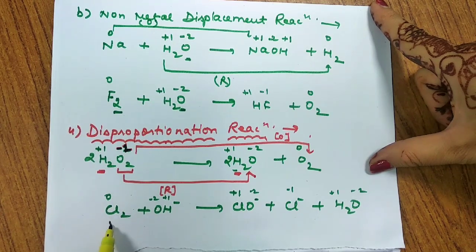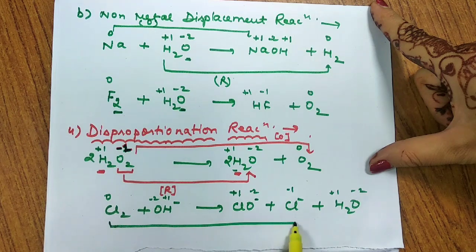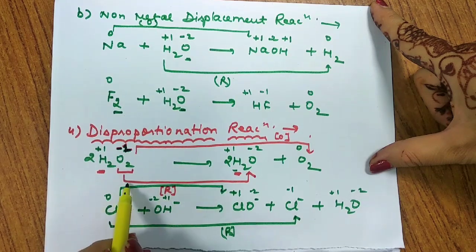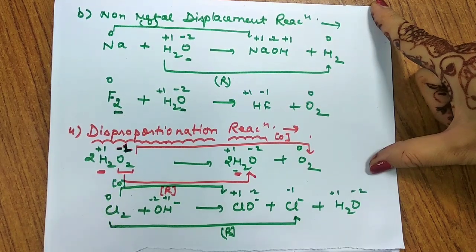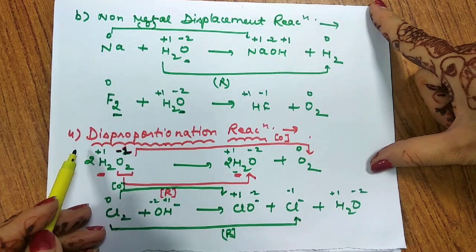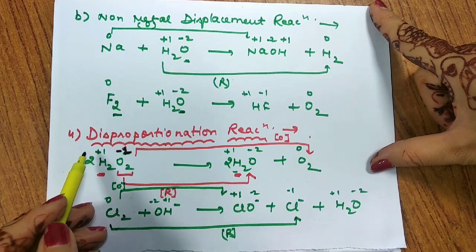It changes from 0 to -1, reduction. It changes from 0 to +1, oxidation. So oxidation and reduction both take place of the same species, the same element in different compounds, with increase or decrease in oxidation number simultaneously. We call such a reaction a disproportionation reaction.